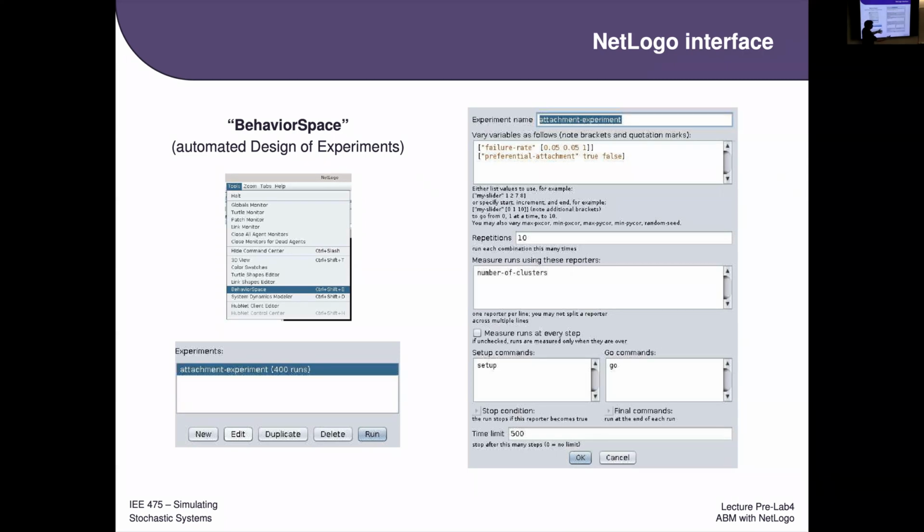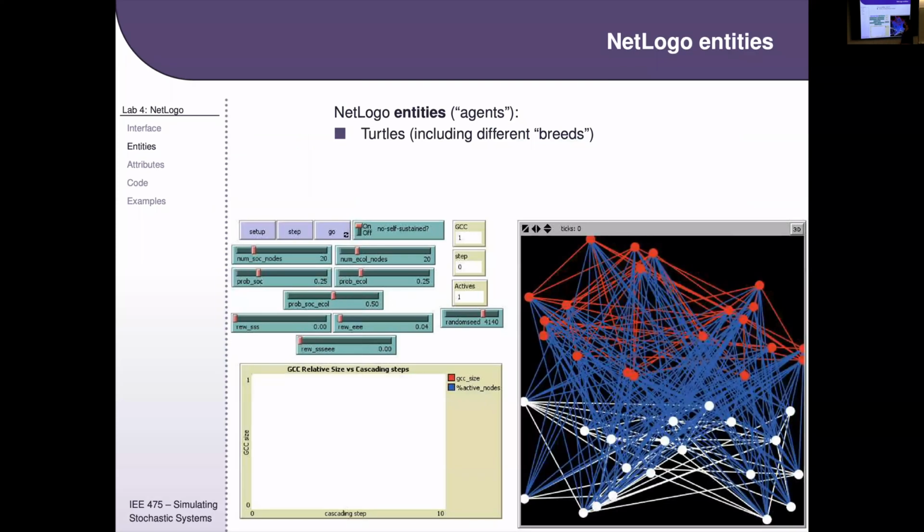So it automates all of that for you. It can even distribute that across multiple cores on a multi-core system, so you can run all these things in parallel and get your sims done very fast. That's BehaviorSpace, which you'll get a chance to use. It automates the running of experiments, which is really cool.